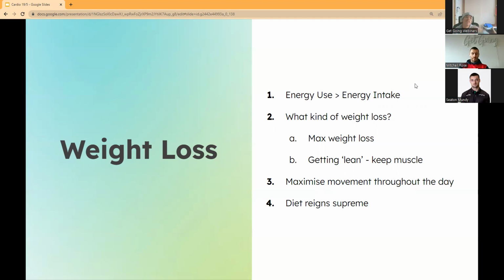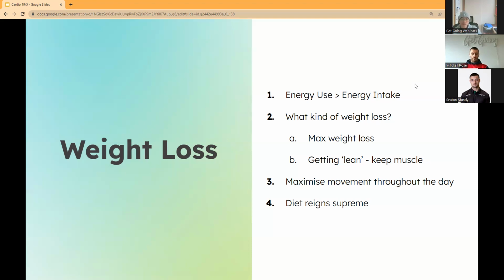Right? So it might not be as sustainable compared to doing, let's say, 30 minutes at a zone 2 intensity, which can be repeated more often. And over time, that will help you use more energy, which will help with your weight loss compared to just doing high intensity cardio, but you burn out more quickly.